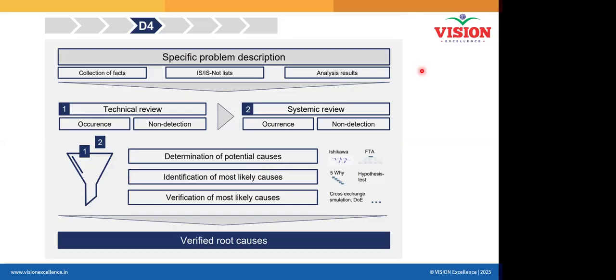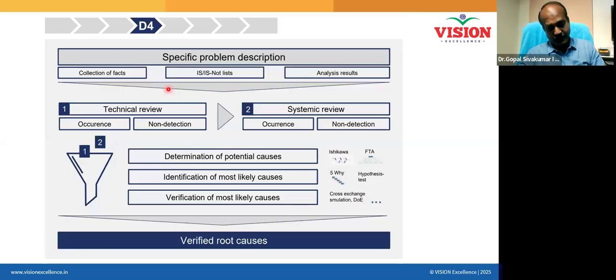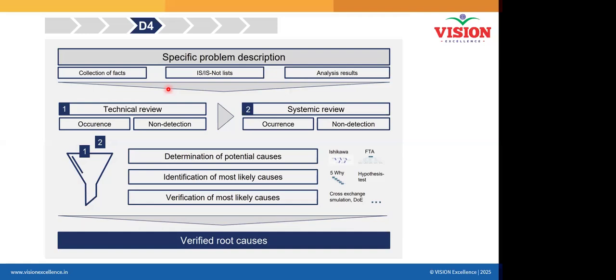So in technical review, first we said the machine is old, then we'll do systemic review. In that review, what will we do, sir? Systemic review: you consider elements beyond the scope of your process. Say, for example, we are conducting the training program in the evening time, isn't it? Yes, sir.